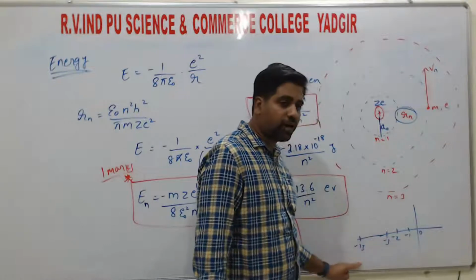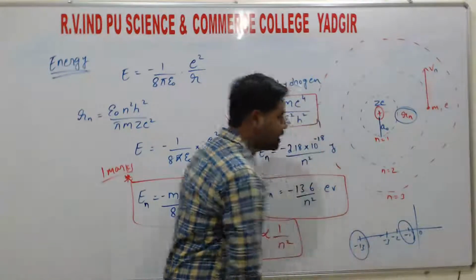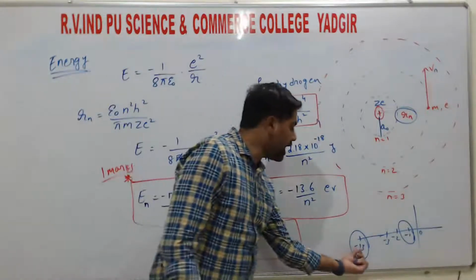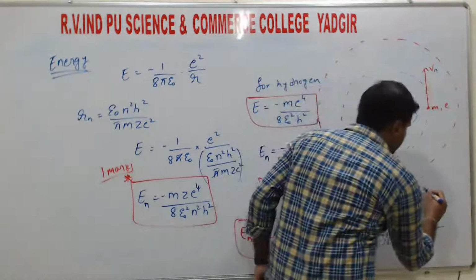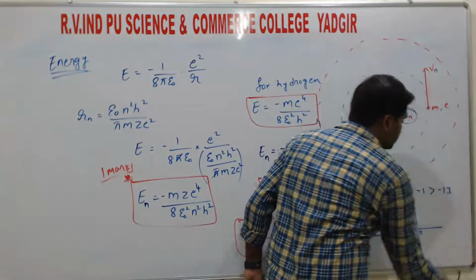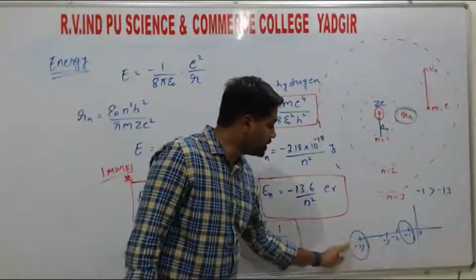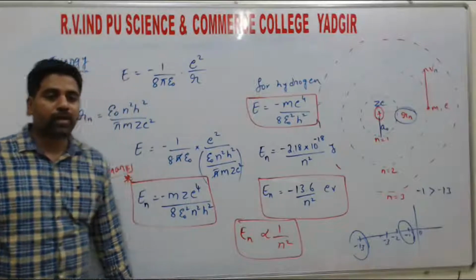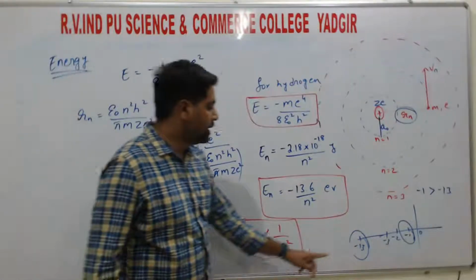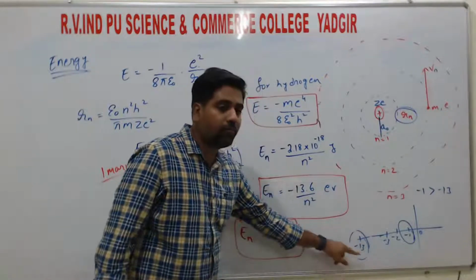Which one is greater? -1 is greater than -13, because we have the negative sign here. So this -13 value is the lesser value. Keep in mind that this value is lesser.